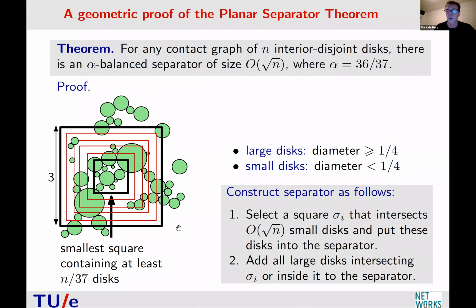Now I've separated the things inside the sigma I from the things outside. My separator will consist of everything that is intersecting the sigma I that I selected. And for convenience of my proof, I will add all large disks intersecting this sigma I or inside it to the separator as well.